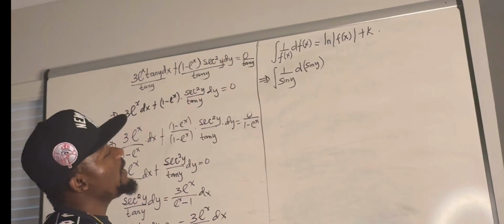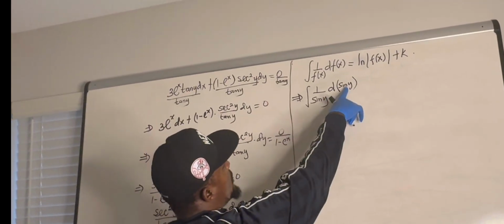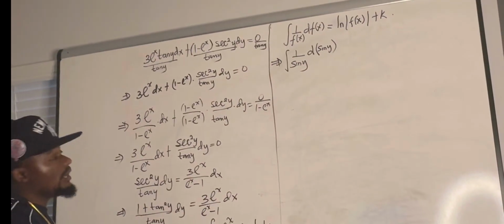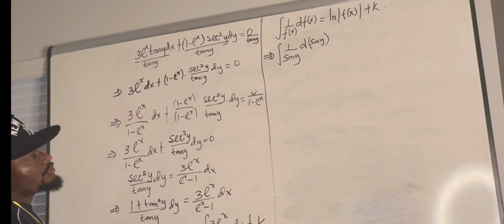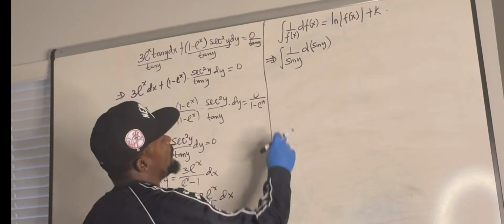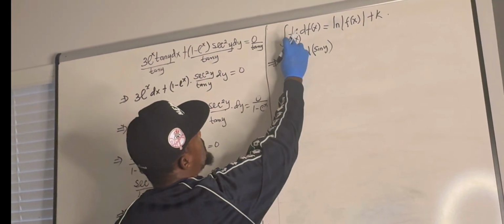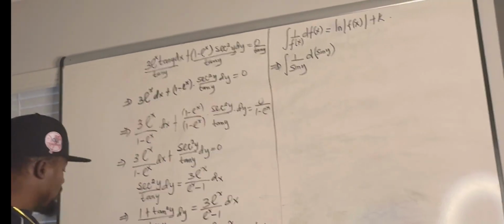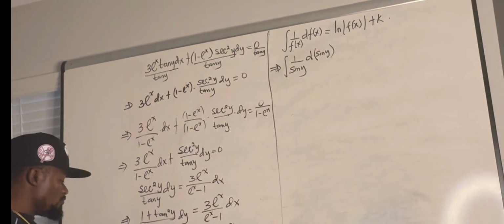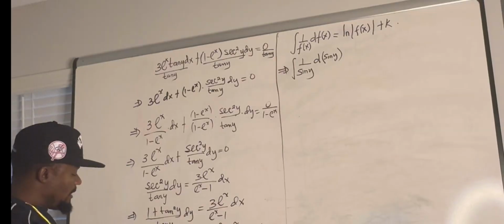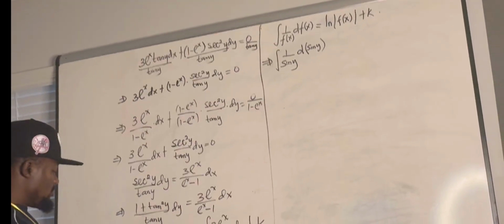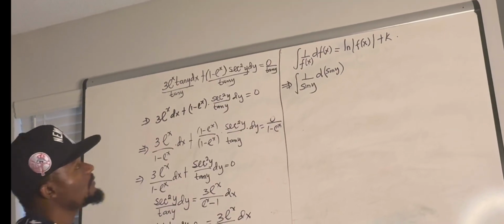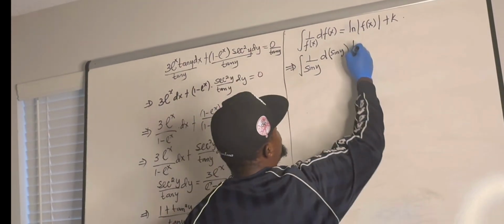Remember that if I derive sine y, I will have cos y. So I want to make these look like this rule right here, so I can integrate easily without letting u be equal to sine y and then looking for du by dy and all of that.